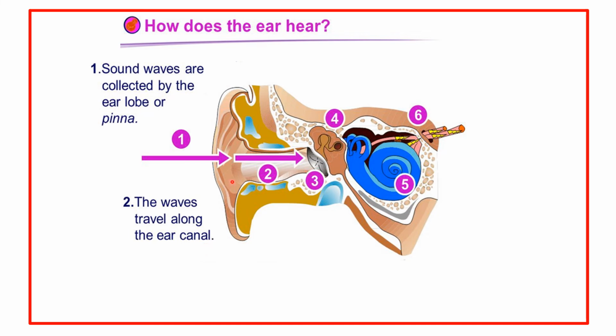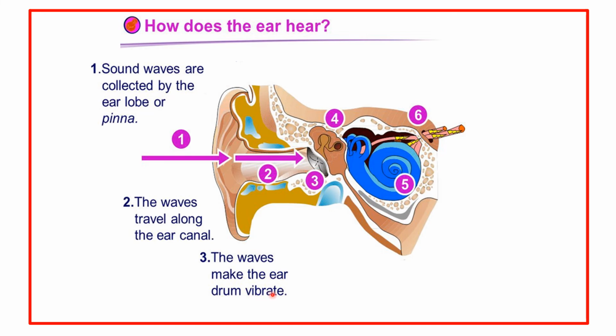Then the second one, the waves travel along the ear canal. So this is our ear canal. So from the pinna or our earlobe, the sound waves will travel here. Of course, it is the air particles that are vibrating, because inside here there are some air particles. Next, what do we call this part of our ear?